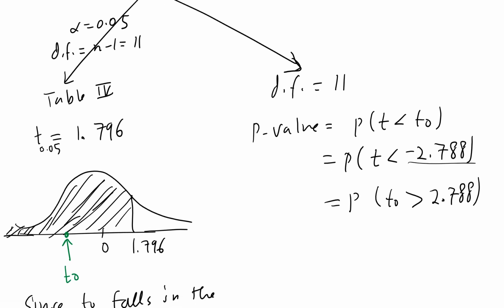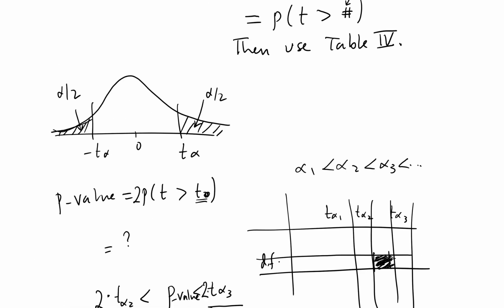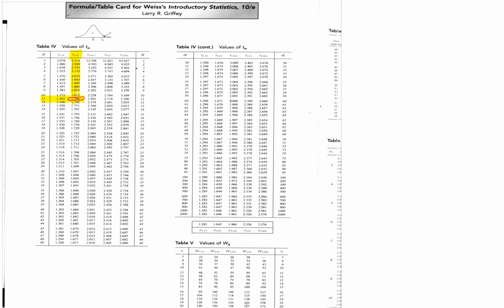Now we are going to go to table 4 and find this out with degrees of freedom 11 and 2.788. Let me erase this stuff and write the t value down, 2.788, and the degrees of freedom 11.